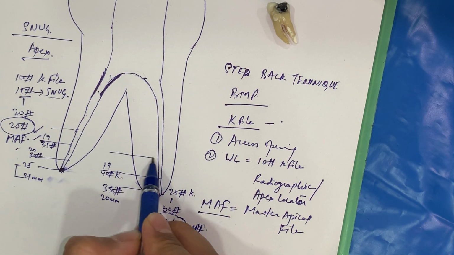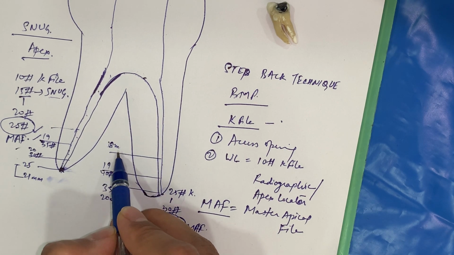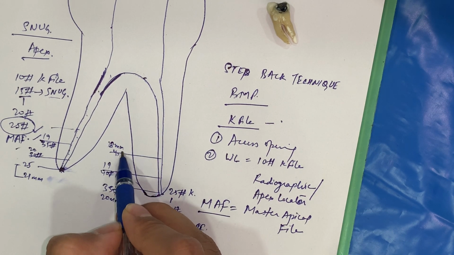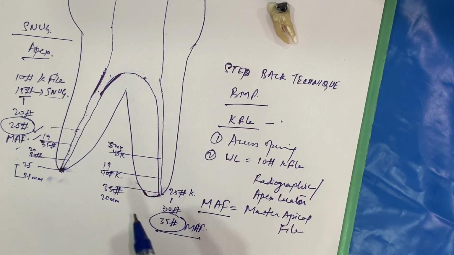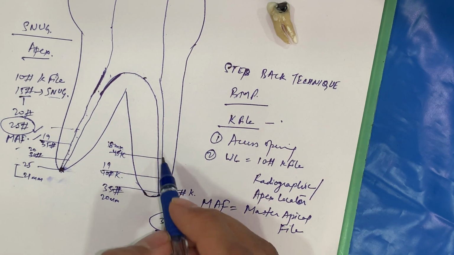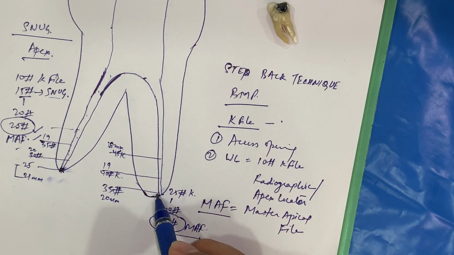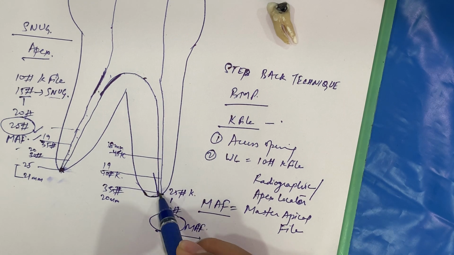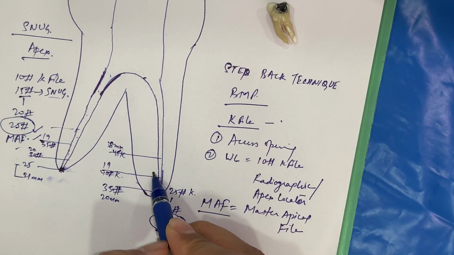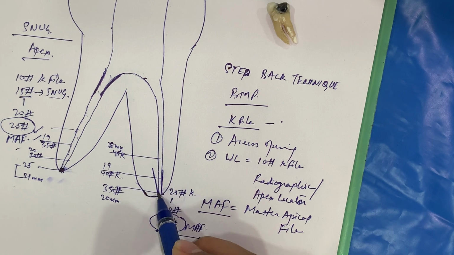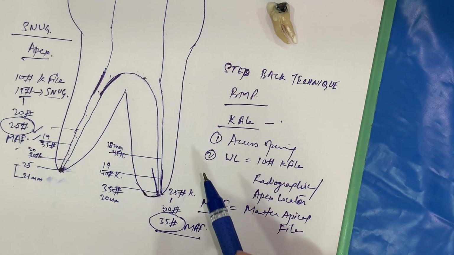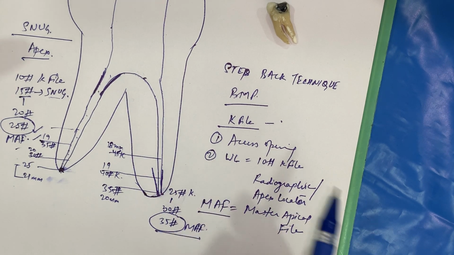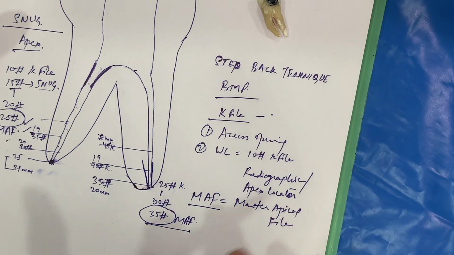At 18 mm we should have 45 K file. This is how we increase the taper. We are trying to increase the taper of the canal, because we are continuously increasing the file diameters. So let us go to the extracted tooth and let us see how we can demonstrate this.